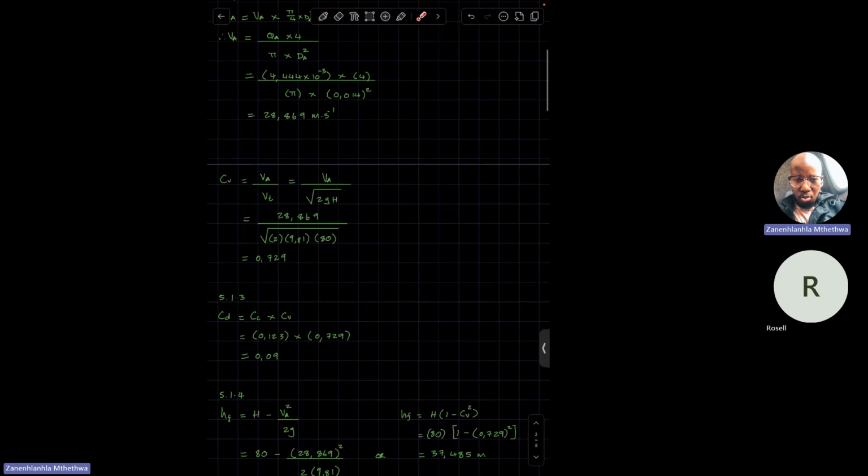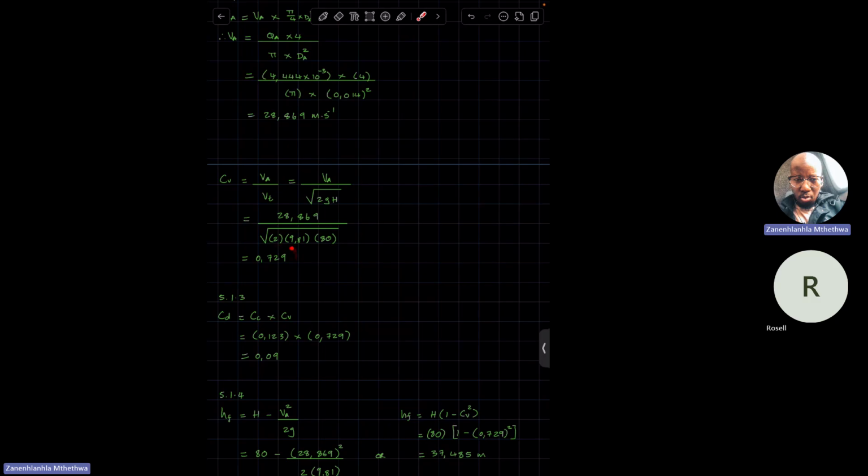Right, and then after having substituted, we get our CV as 0.729. Now, I always advise you to round off your answers to three decimal places. But I don't care too much about the answers, in the sense that depending on your approach, if you took this approach as me, or if you first calculated VT, the answer might look a bit different.